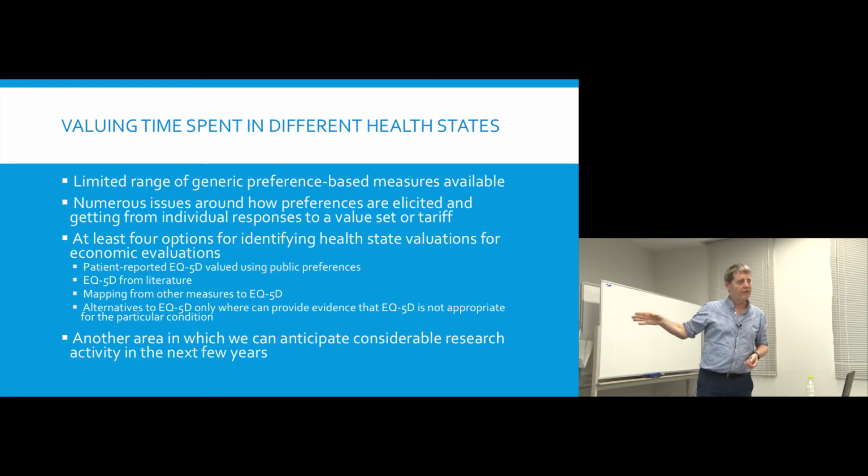But with public preferences, the people who have scored the health states, the people you've done the time trade-off with, are not the patients, but the public. Now this is something it's worth spending a little bit of time on, because it's not obvious to most people why we use the public.